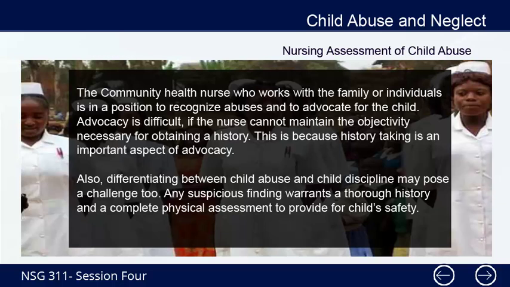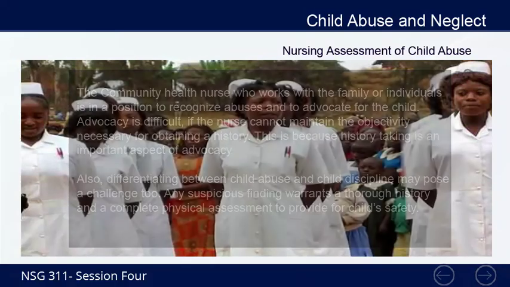Social isolation. 7. Poor support system. 8. Limited knowledge of child development. 9. Previous report to Child Protective Services. 10. Previous history of child abuse. 11. Partner violence. 12. Children with disability or developmental challenges.